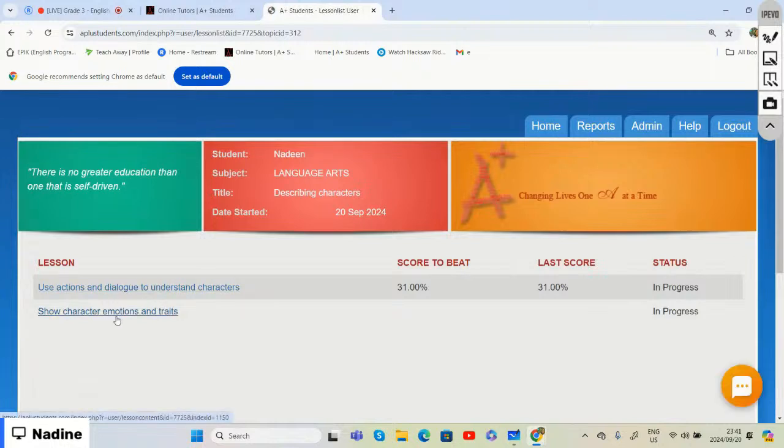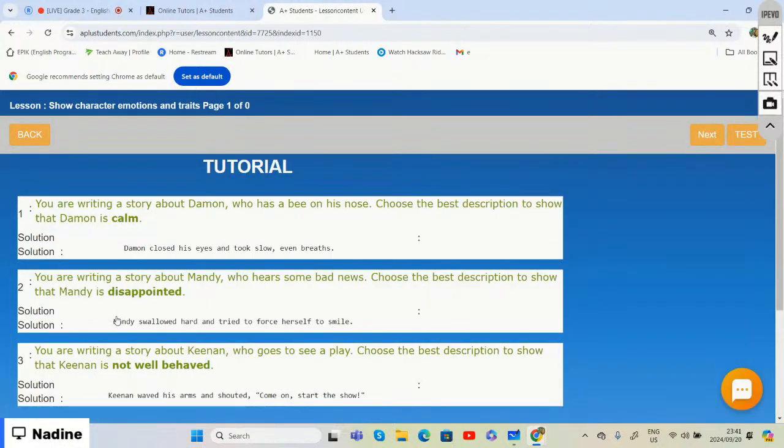So now we're going to show emotions and we're going to show the traits of specific characters within the stories. All right, so now we're going to look at these pictures, at these words, right?